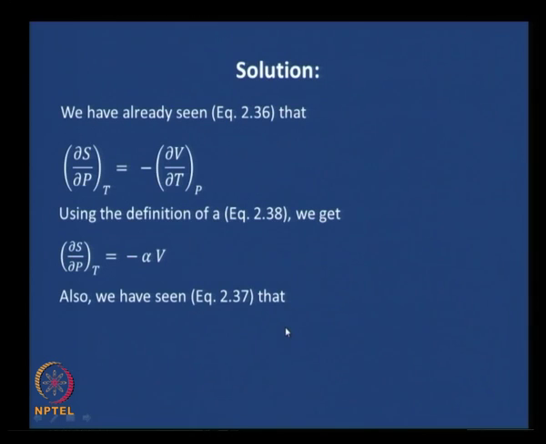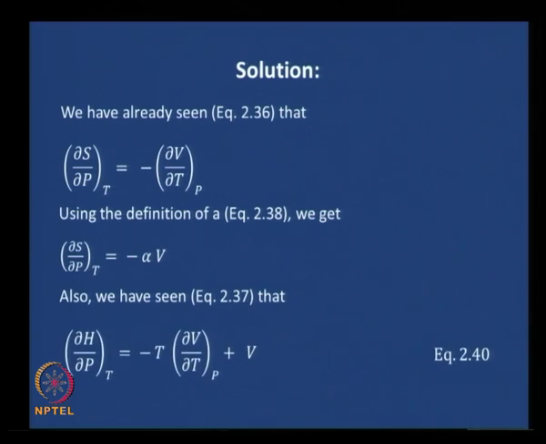Also, we have seen from equation 237, ∂H/∂P at constant T equals minus T ∂V/∂T at constant P plus V. Let me call this equation 240.